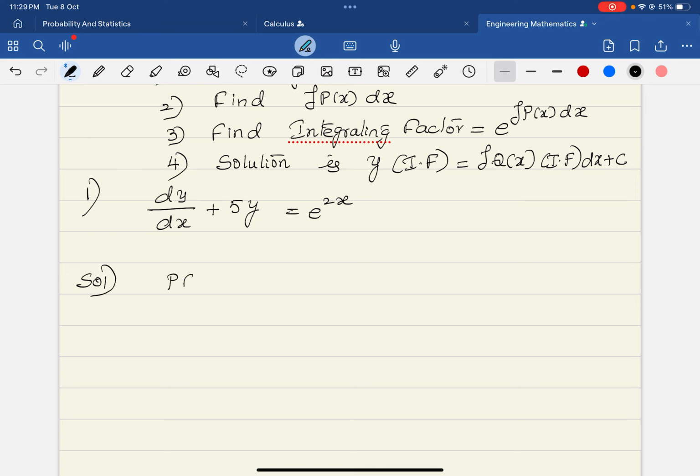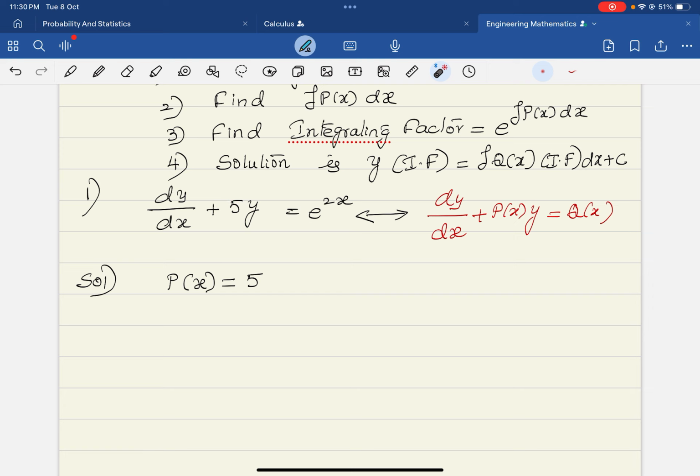Dy by dx plus p of x into y is equal to q of x. So in the place of p of x you have got 5, and in the place of q of x you have got e raised to 2x. So q of x is equal to e raised to 2x.